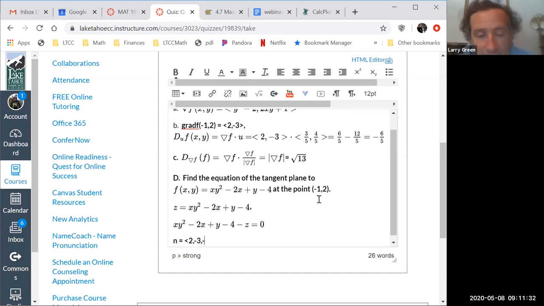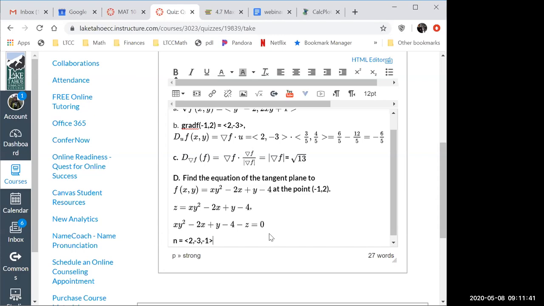But then I should tag on a -1 because the partial derivative with respect to z is -1. Have I lost you there? No. Okay. And then I'm done basically.